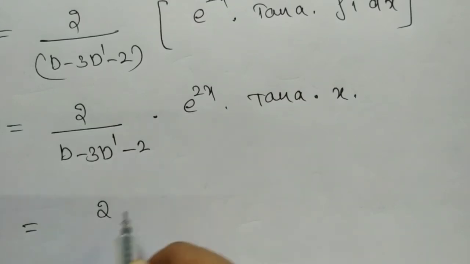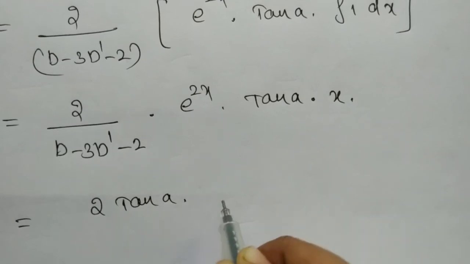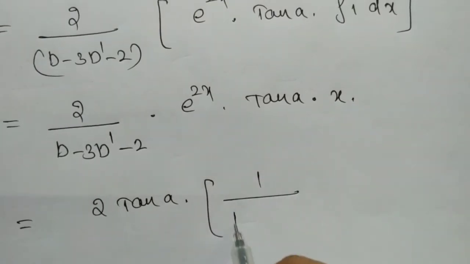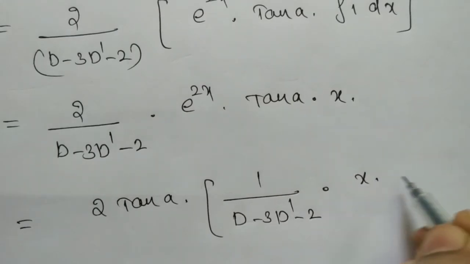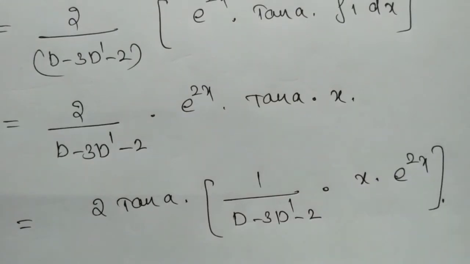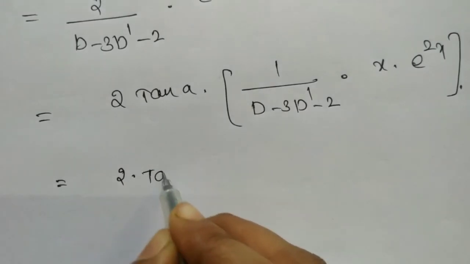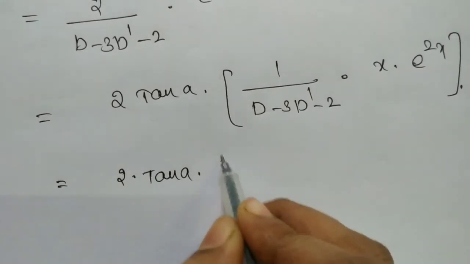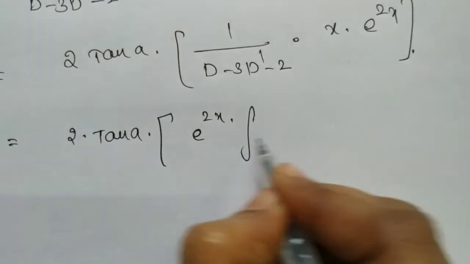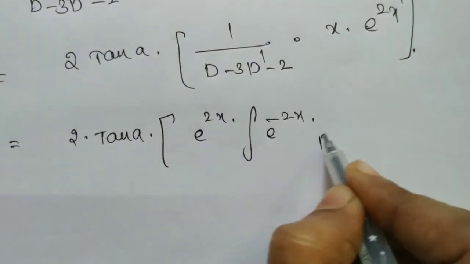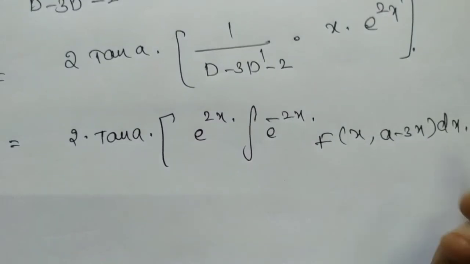So here 2 tan a into 1 by D minus 3D dash minus 2 into x into e power 2x. So again by using rule 3, e power 2x into integration of e power minus 2x into f of x comma a minus 3x into dx.